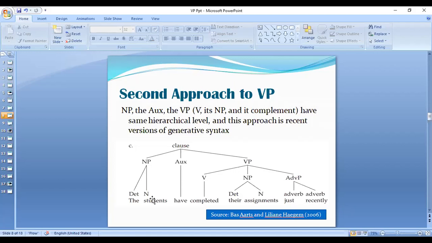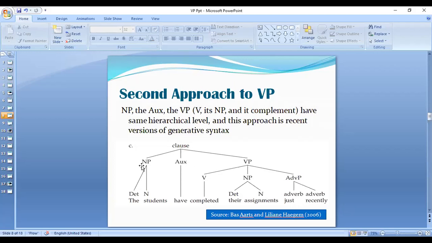By this diagram, we can see the first noun phrase, determiner the, noun students, is one of the important elements in the sentence, then the auxiliary verb have, and the verb phrase, here the main verb completed itself, and their assignment, noun phrase, determiner, noun, and the adverb phrase just recently.